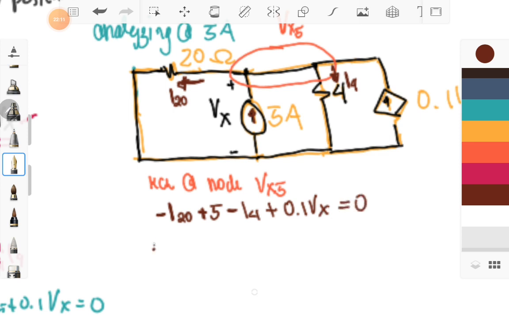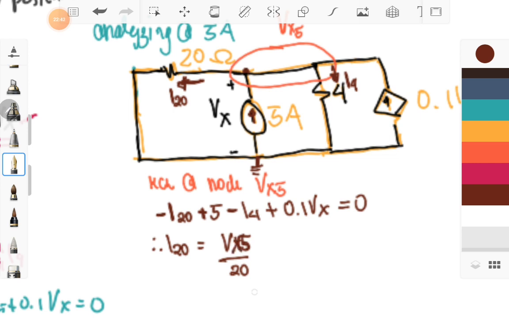Take note that our I20 is equal to Vx5 divided by 20. So lalagyan natin siya ng datum. This is KCL or your nodal analysis. So bakit? Kasi magiging Vx minus 0, di ba? Kasi yung datum natin na yung 0. So Vx minus 0 is just Vx5 over 20.